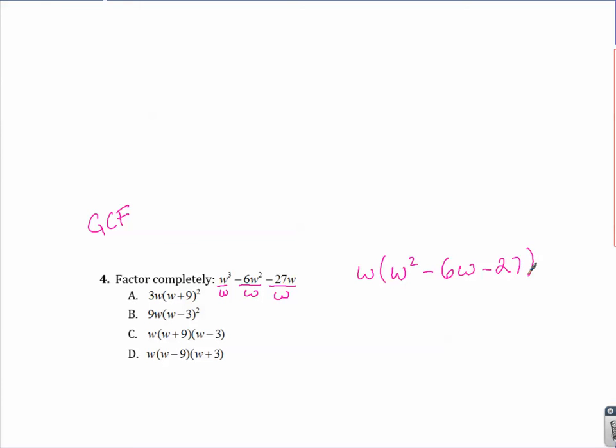So this second part is what I'm going to enter in my calculator. I know there is a 1 in front of the w squared, so my a sub 2 is 1. My a sub 1 is going to be negative 6. And my a sub 0 is negative 27.